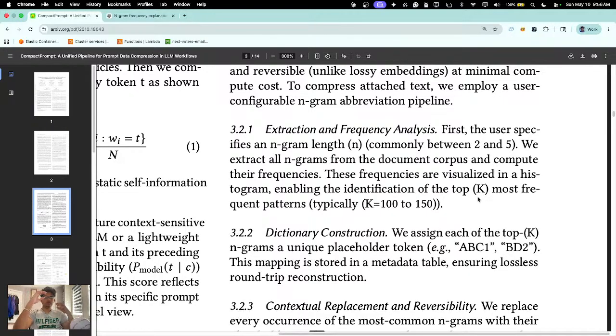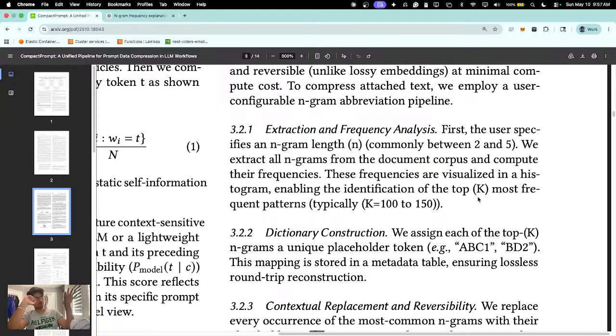Instead, we're just essentially taking the document corpus that we have, right? We're figuring out all the n-grams which are possible, which is just basically taking whatever n equals. Let's say it's 2, so you're taking each 2 words, and you're making new n-gram sequences. And you're taking these sequences and you're going to then compute how frequently they occur.